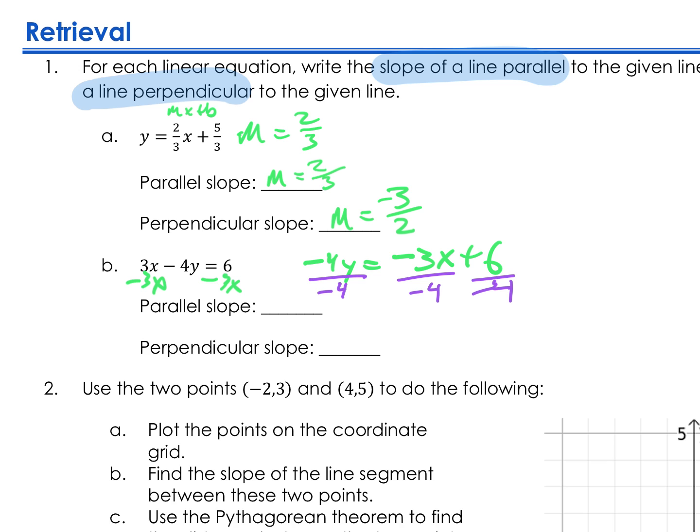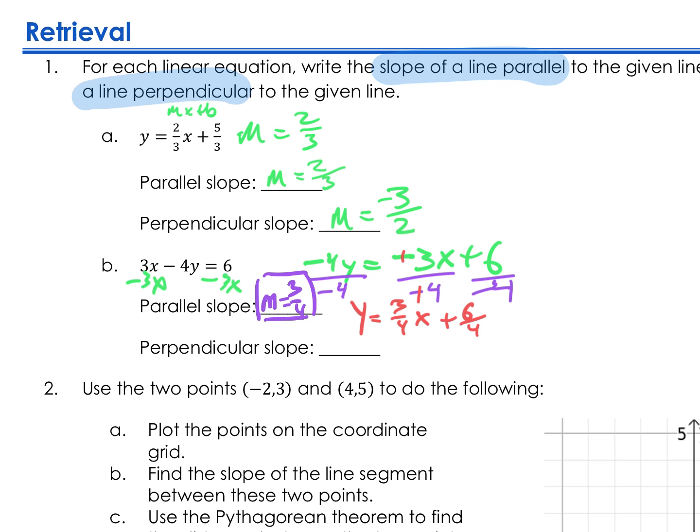And that leaves us with y equals negative 3 divided by negative 4. These negatives cancel, so it's 3/4 x plus 6/4. We don't really care about the 6/4, so just leave it alone. What we do care about is the slope here being 3/4. So our parallel slope is going to be 3/4.